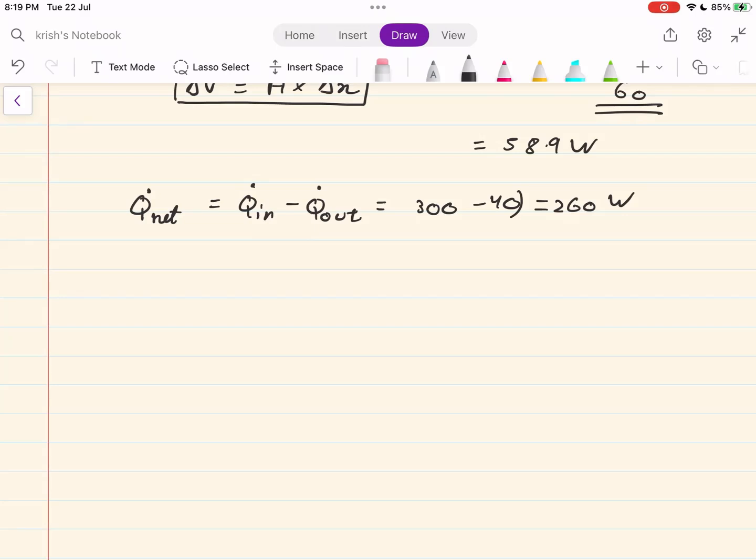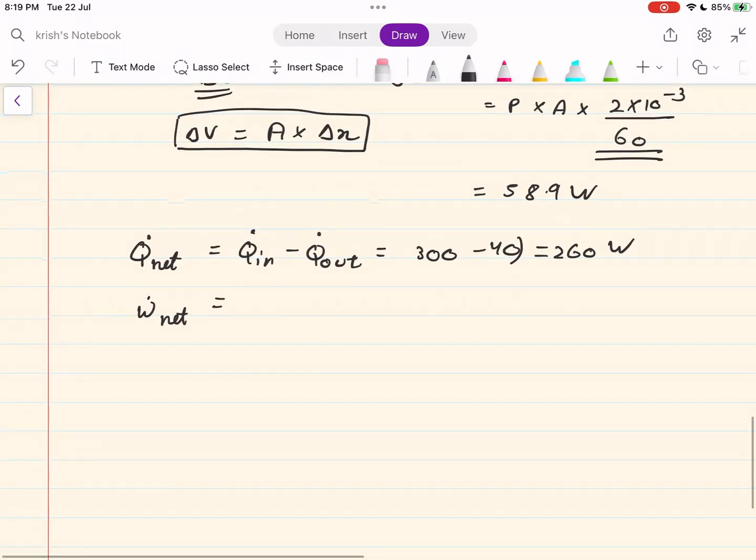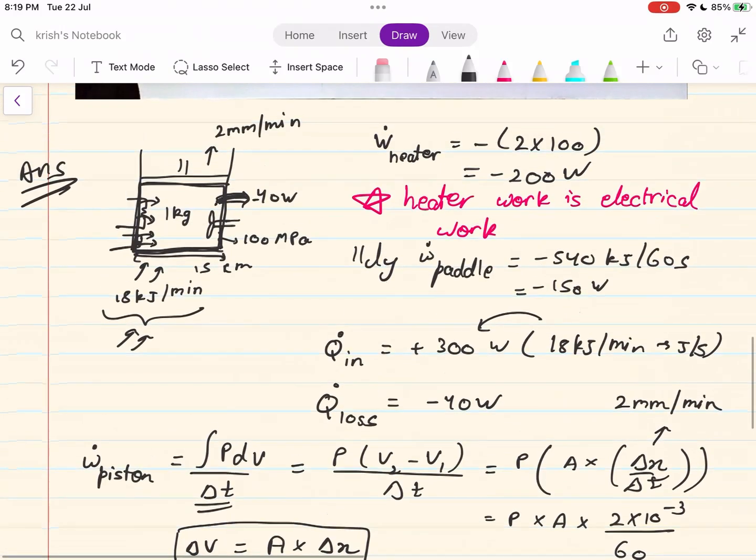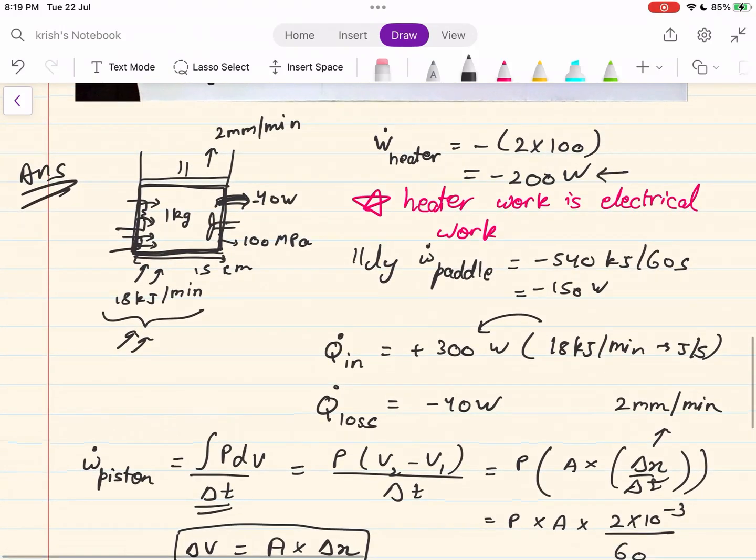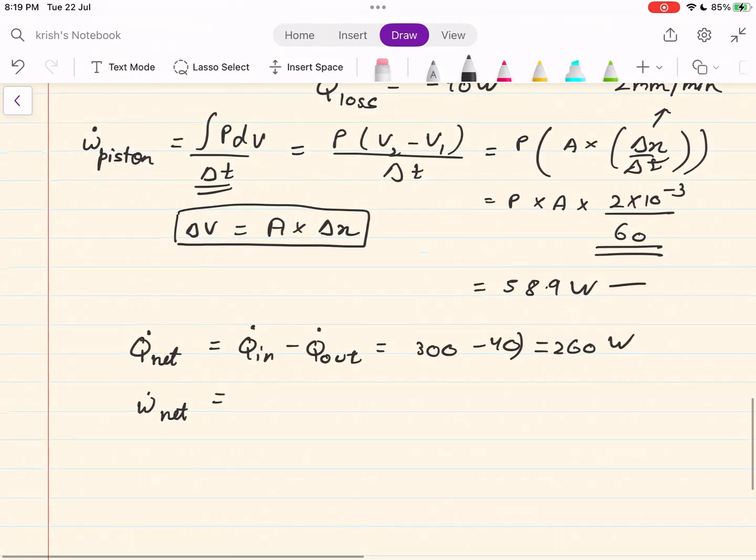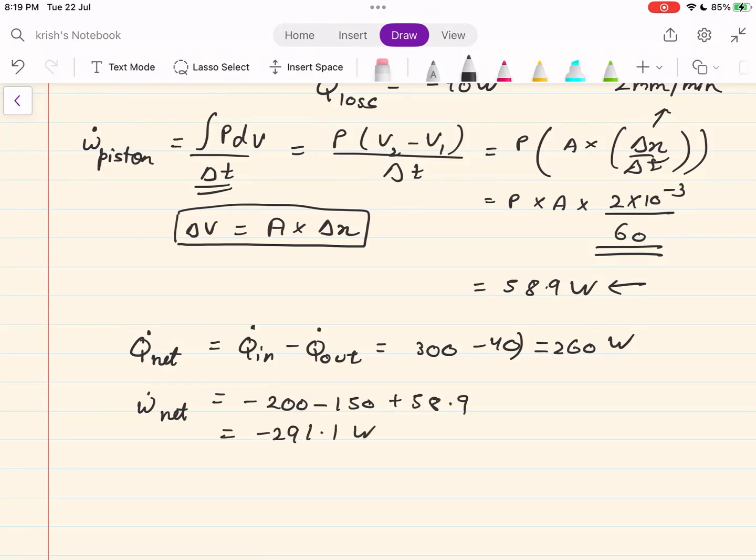Next, the net rate of work done is, so our heater did this much work, our paddle did this much work, and our piston expansion work does this much. So minus 200 minus 150 plus 58.9 equals minus 291.1 watt.